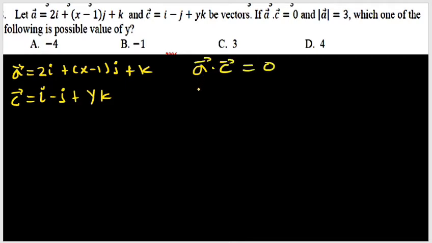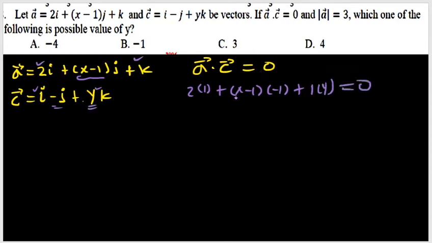What does that mean? A dot C, we multiply the corresponding components: x component with x component, y with y, and z with z. So 2 times 1, plus the coefficient of j, (x minus 1) multiplied by negative 1, plus the coefficient of k, 1 multiplied by y, which is equal to 0, since the dot product is 0.